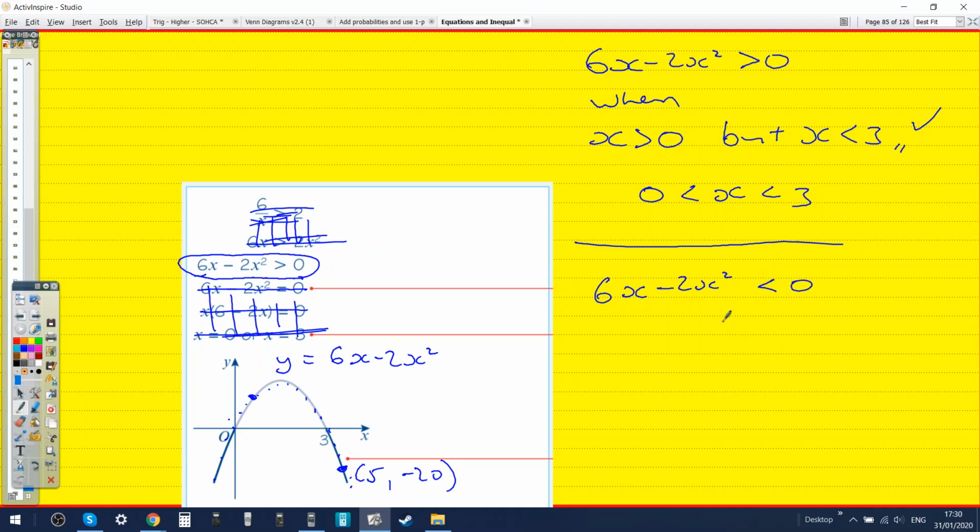Okay, so below. So 0 is greater than x, or x is less than 0. Yeah, so 0 is greater than x is the same as x is less than 0. And x is greater than 3. That's it. Great. Any questions there?